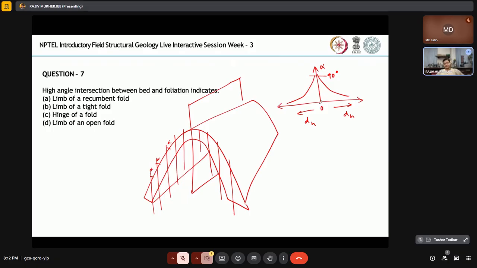So the highest angle of intersection will appear at the hinge of the fold.